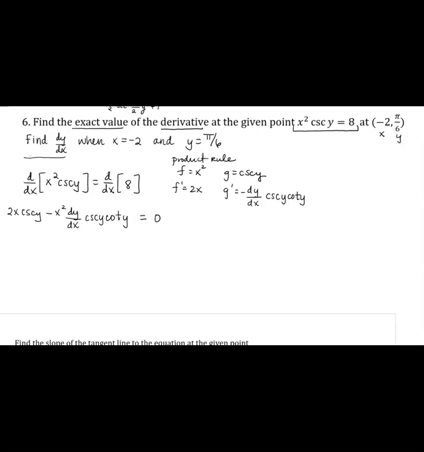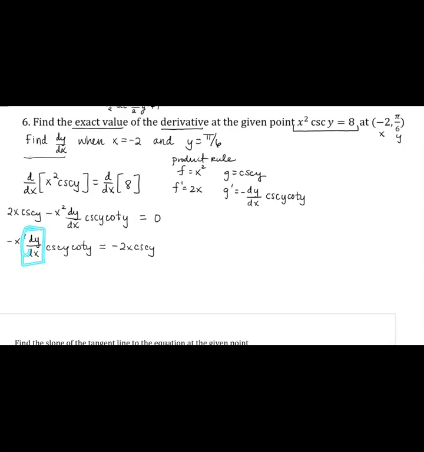Now I want to get my terms with dy dx on the same side. I only have one term with dy dx, so this term is going to be moved over to the other side of the equation. I'm going to subtract it from both sides. That way we'll only be left with the dy dx term on the left side. And when we subtract that over here from 0, it'll become negative. And now, typically is when we factor dy dx out, but because there's only one term here, I don't have to factor it out.